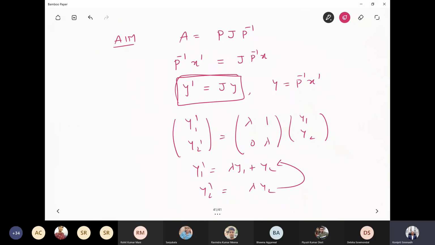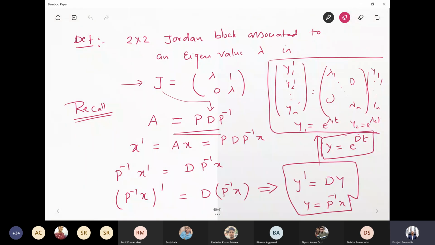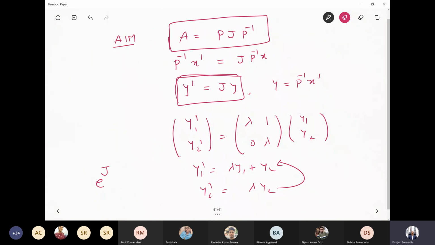And such an equation plays a very important role in writing the solution. If I can write the solution completely in this form, then earlier I called it e power Dt, so I can call it e power Jt. Once I know what is e power Jt, then I can write what is e power At.